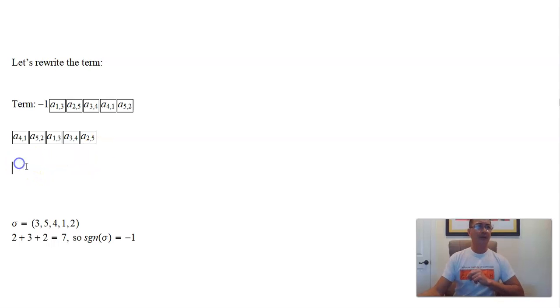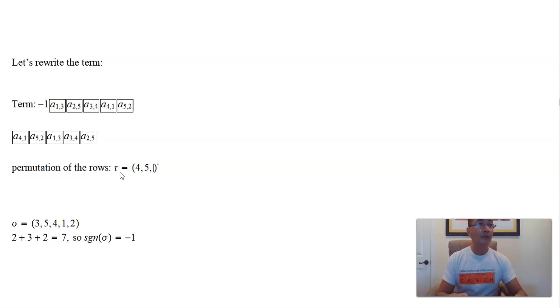However, we now have a permutation of the rows. The columns are in correct order. Now it's the rows which are in the wrong order. So what is that permutation? Let's call it tau.